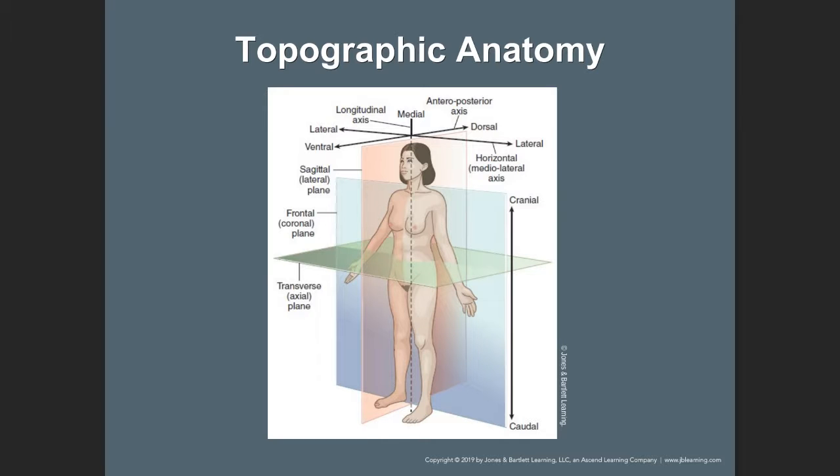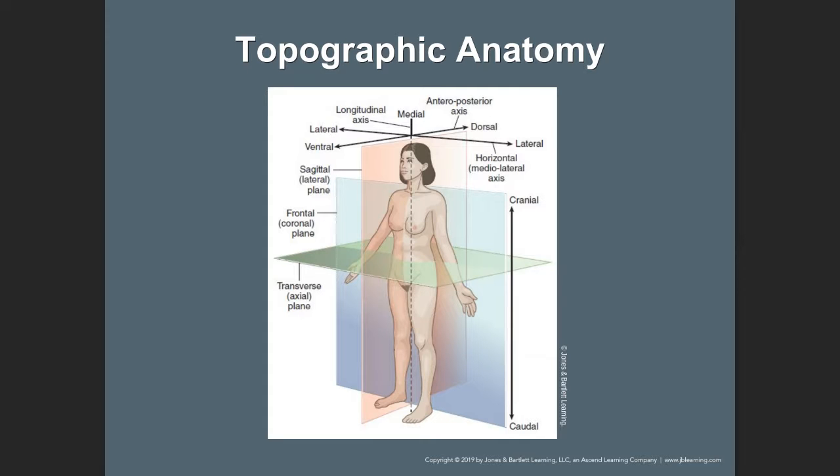Transverse plane cuts the body into a top and bottom portion, or superior and inferior portion. The sagittal plane cuts the body into a left and right portion. So left and right. If it's mid-sagittal, it's left and right halves.